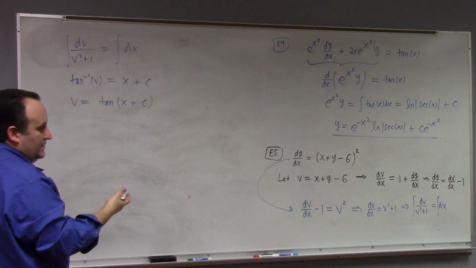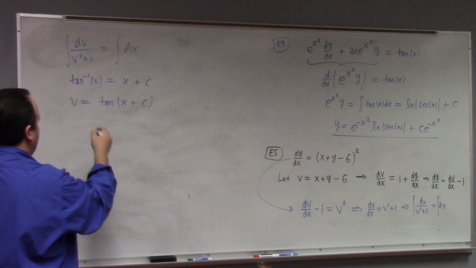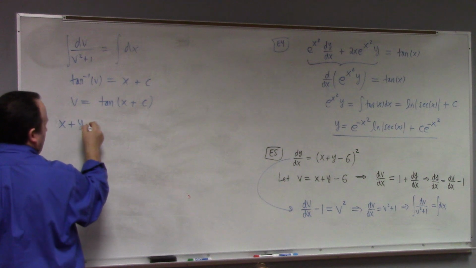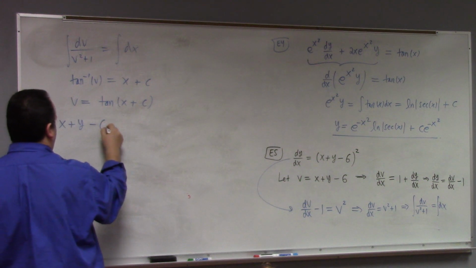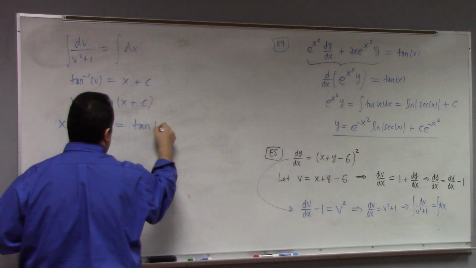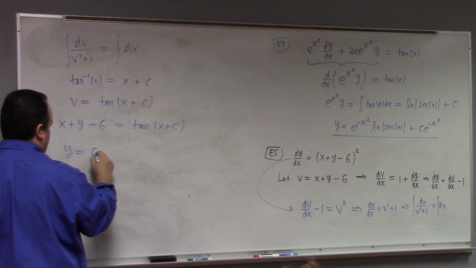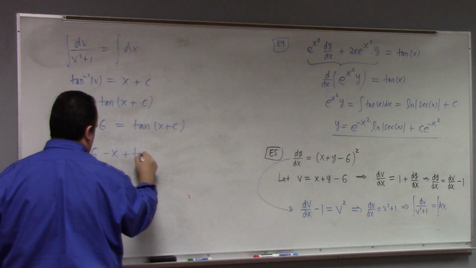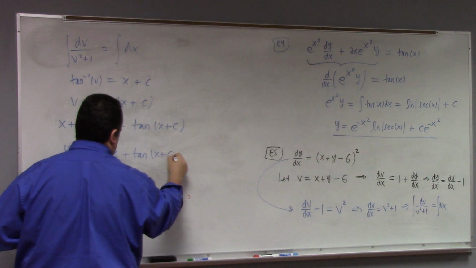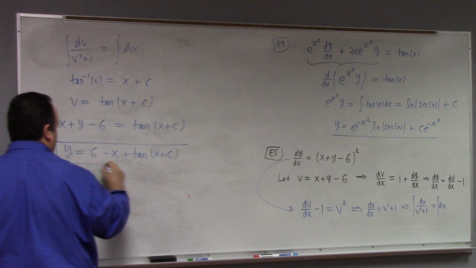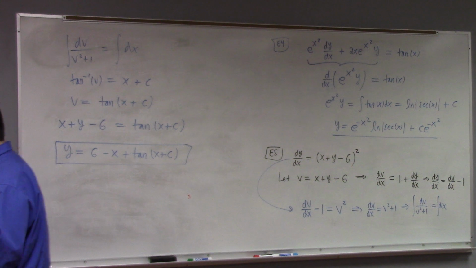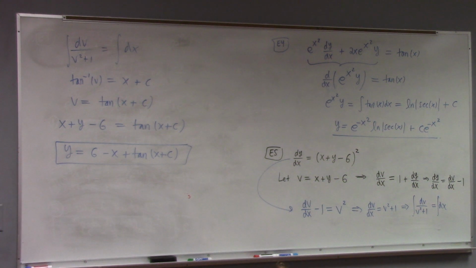But what was v? v was x plus y minus 6, which equals the tangent of x plus a constant. Solve for y. We've got 6 minus x plus the tangent of x plus c. There you go. Solved. So this is an example of substitution.